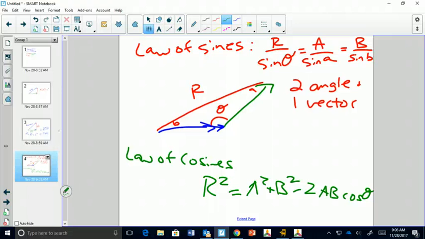We use this one when we're given two vectors and the angle between them. Like I said, this textbook tends to use the law of cosines much more than the law of sines, simply because they often will give you problems where one person's pushing one way, one's pushing another way, and they're at an angle to each other. Find the resultant.